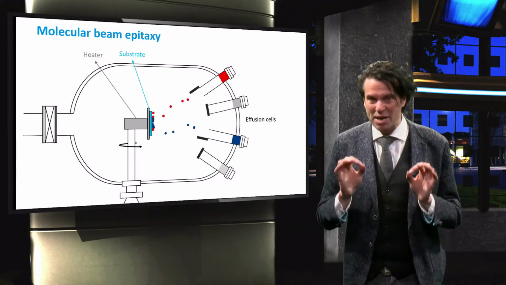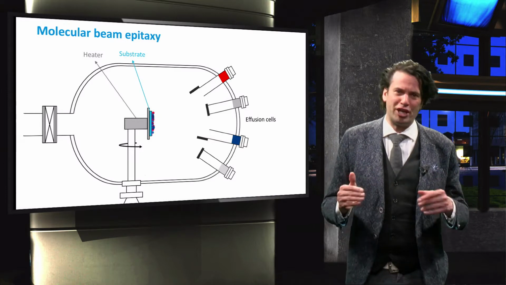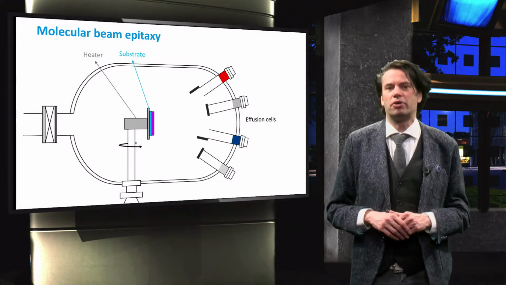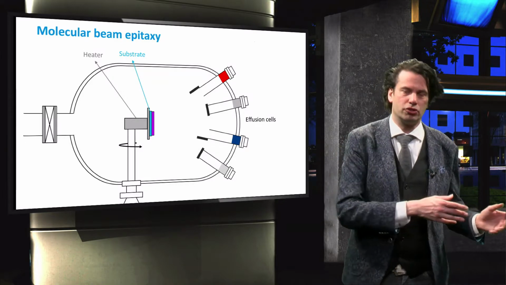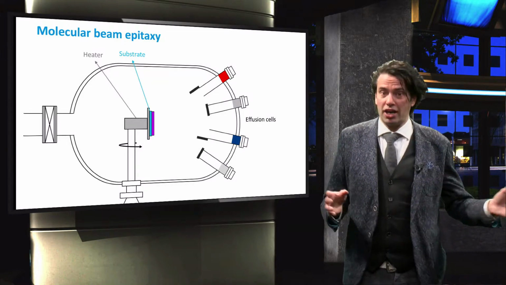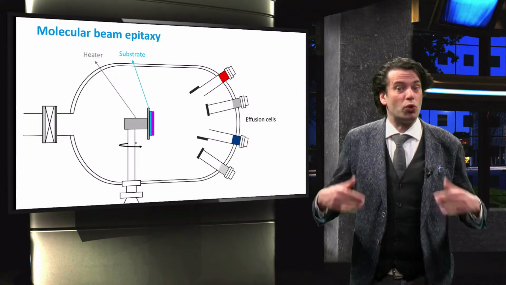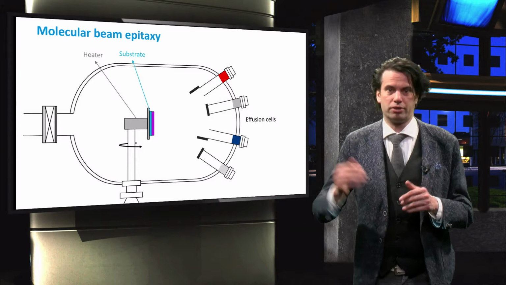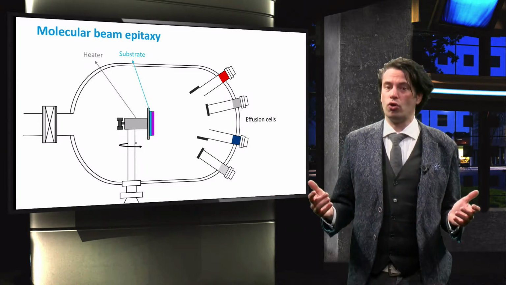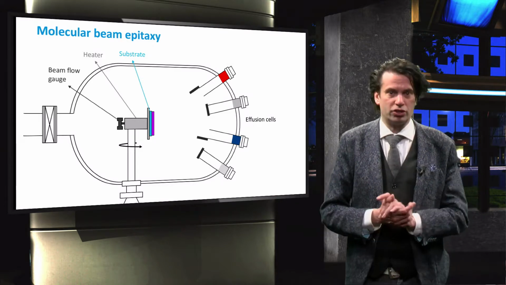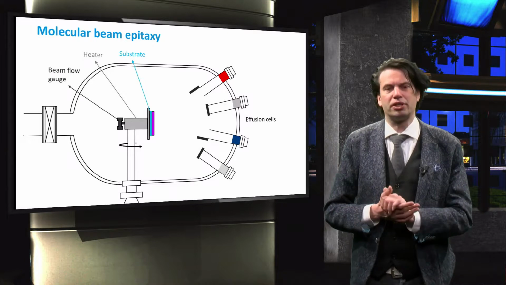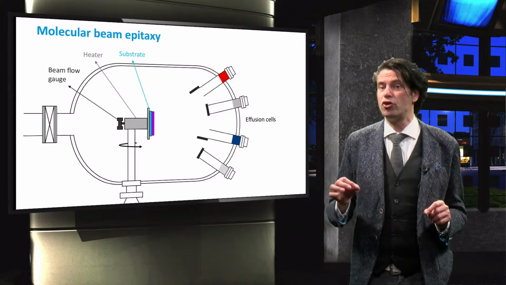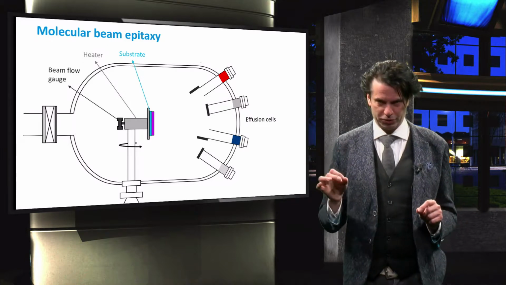The term beam means that the flux of the evaporated atoms does not interact with any other particles in the chamber until it reaches the substrate. The target atoms deposit on the substrate surface where a crystalline lattice is grown monolayer by monolayer. A beam flow gauge measures the atomic fluxes at the substrate. The flux of an atomic beam is controlled by the effusion cell temperature.